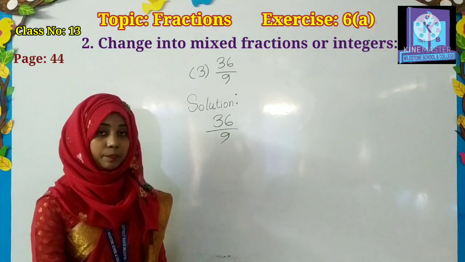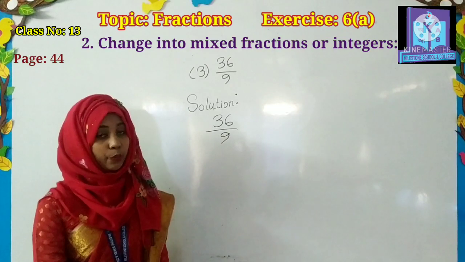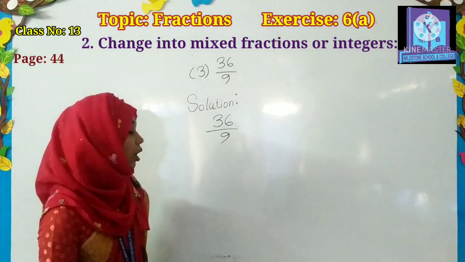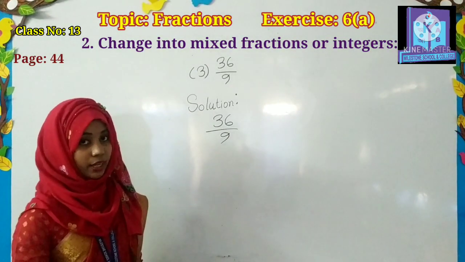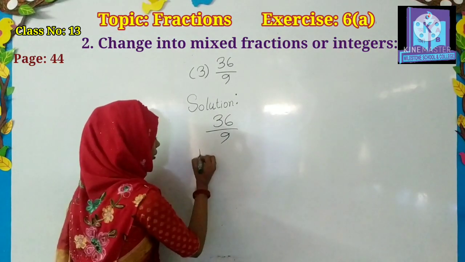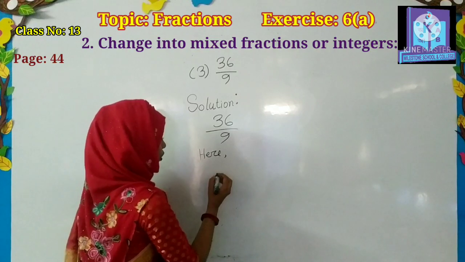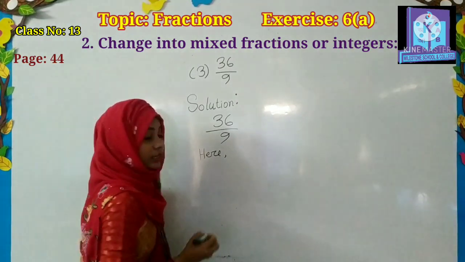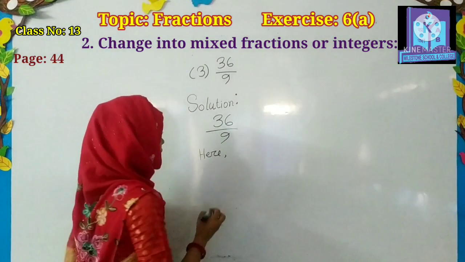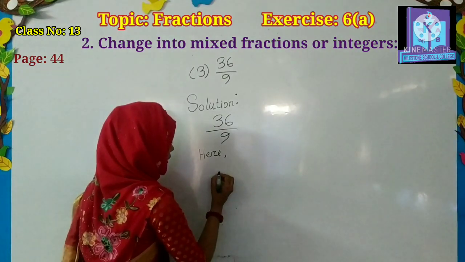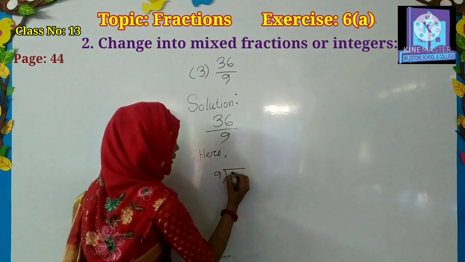We can obtain mixed fraction by performing normal division. How can we do that? Here 36 divided by 9. It means this is a normal division. Divide 36 by 9.